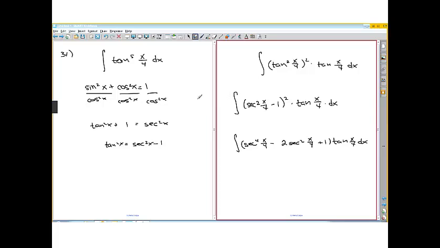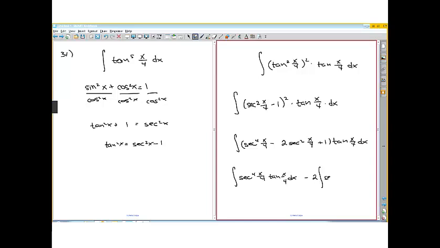Yeah, so that's going to work out. We're going to have three integrals. We're going to have the integral of the secant to the 4th of x over 4 times the tangent of x over 4, so that's from this multiplied by that times dx.